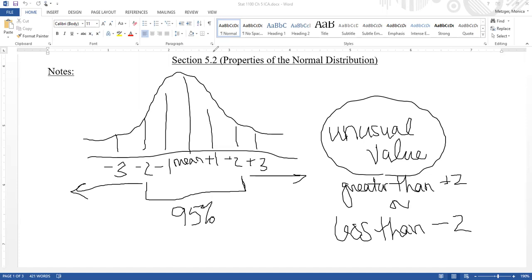So if we happen to have a data value that falls exactly 2 standard deviations away, we would still say it's in that 95%. But as soon as it becomes outside of that range in either direction, then we would want to classify that as being an unusual value, because then it's falling within that 5% remaining.